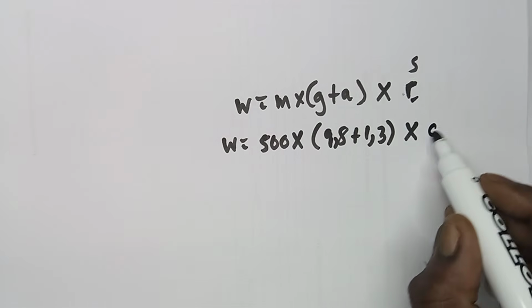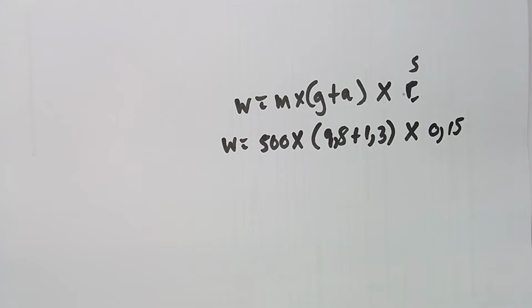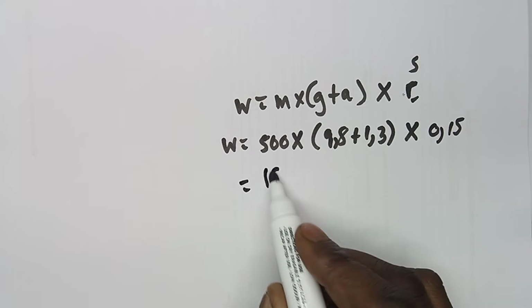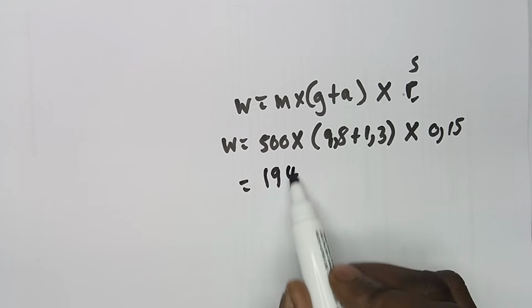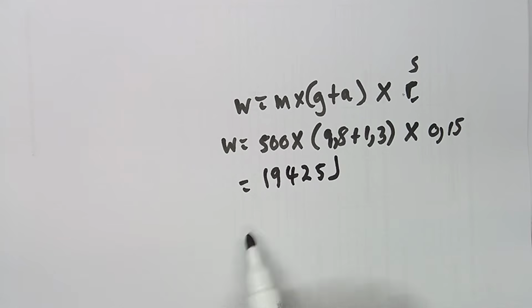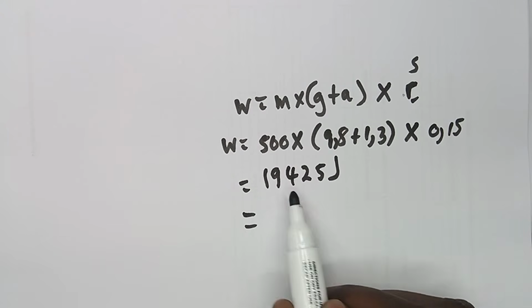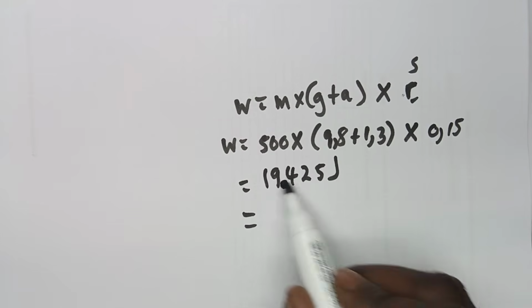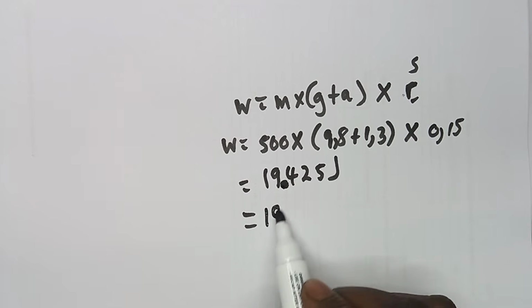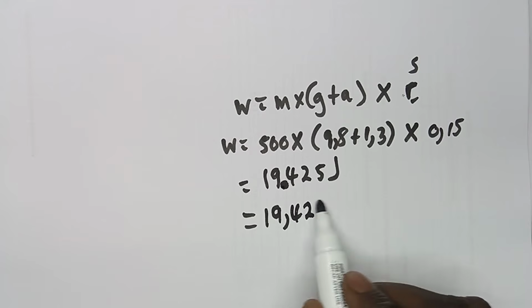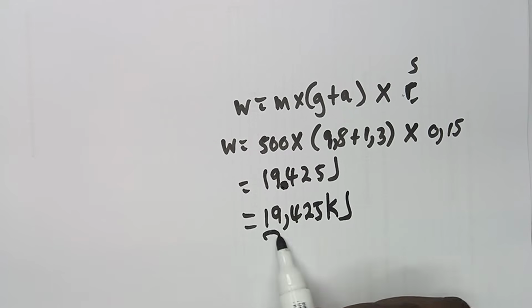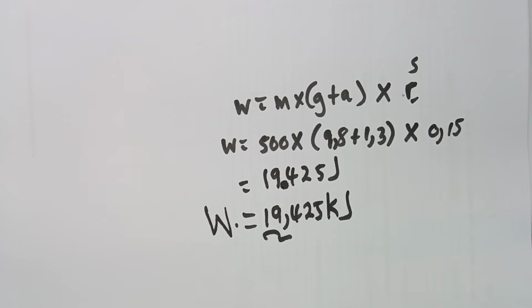That's the radius, which is 0.15. You use the radius there. So this is going to give us something like 19425 joules. You can put this in joules, or you can put it in kilojoules. Remember, kilojoules is 3 digits after the comma, so it's going to be 19.425 kilojoules. So that will be your work done, guys.